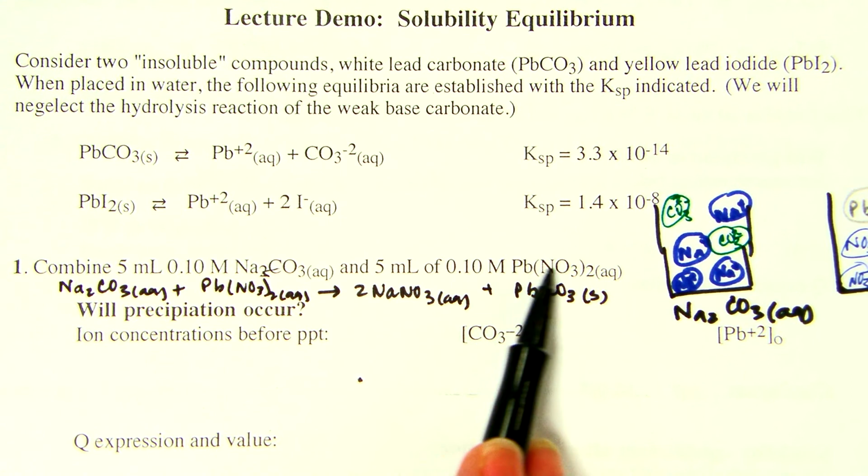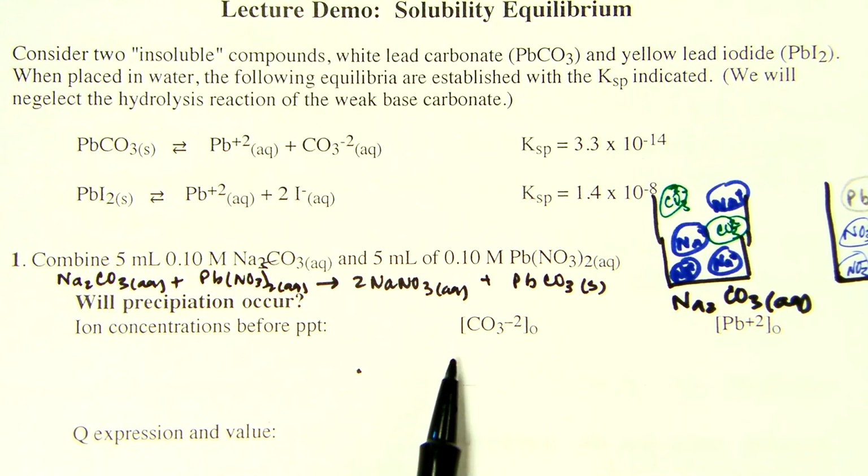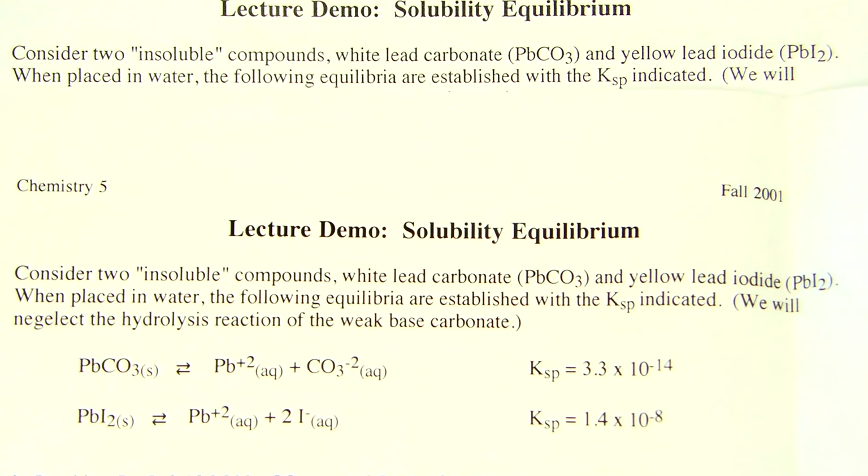So before precipitation, what is the molarity of carbonate? And I'm going to show you that. I'm going to save these two solutions in a side beaker. So I get 0.05 molarity of carbonate, and I'll show you my work here on the side.